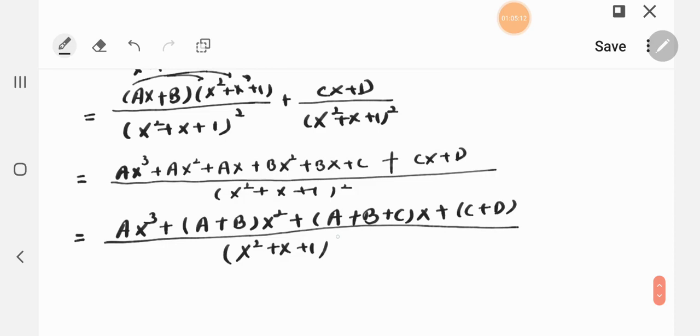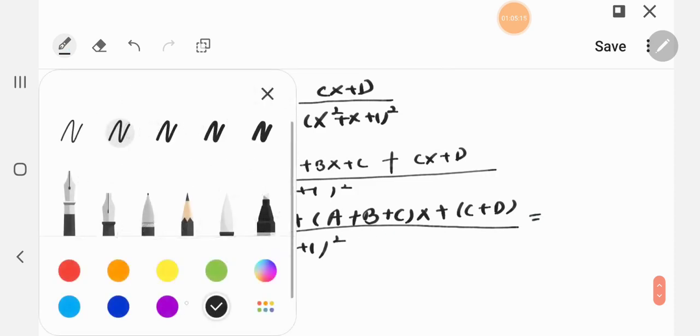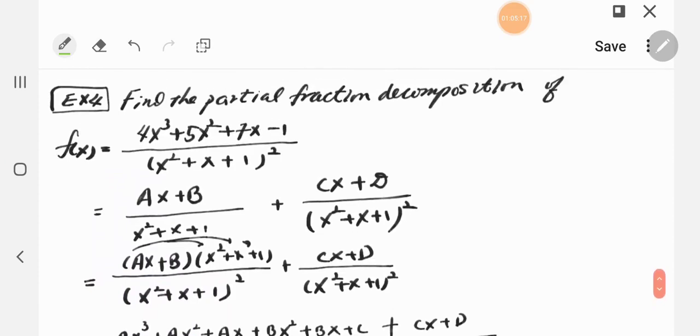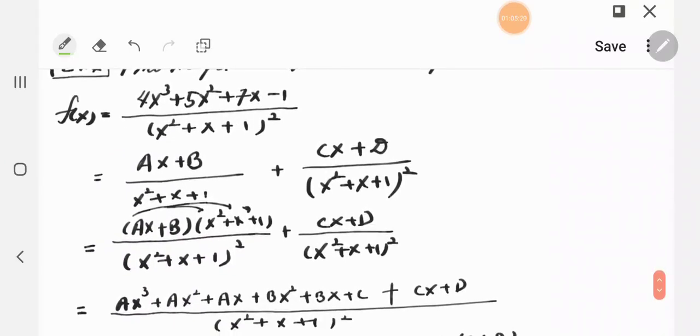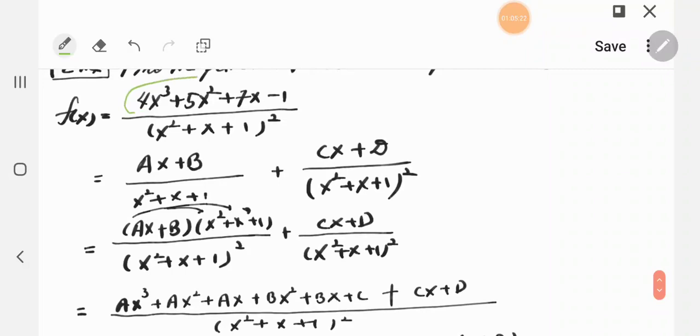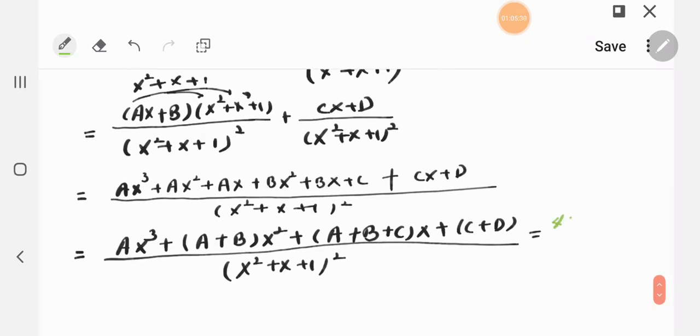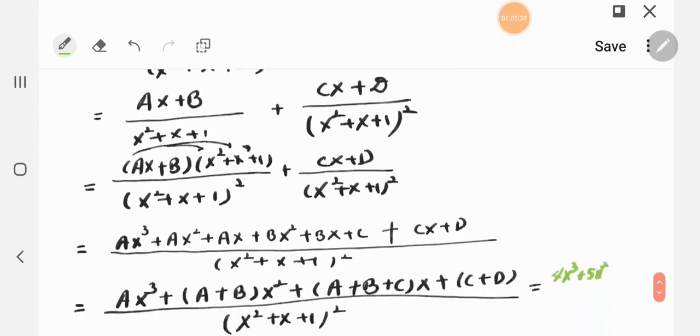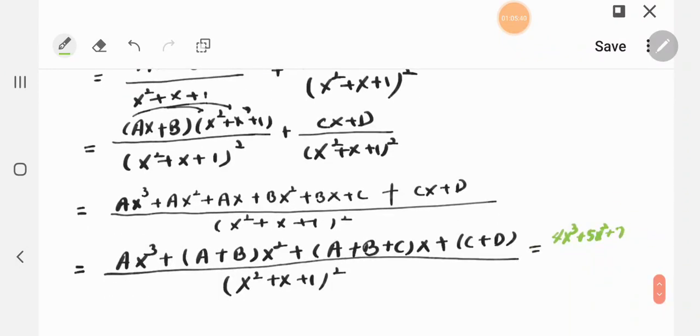All right, so this expression should be equal to the original function. Okay, 4x cubed plus 5x squared plus 7x minus 1 over x squared plus x plus 1 squared.